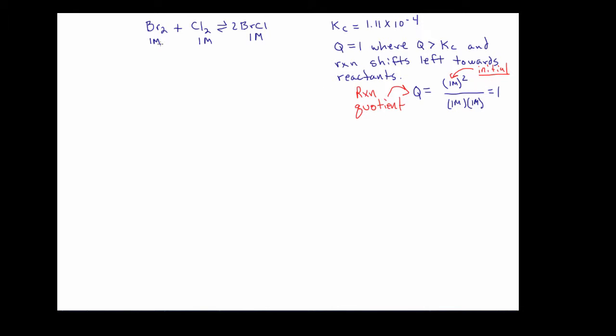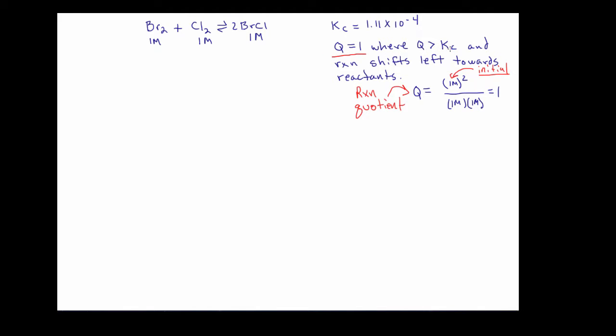So in this problem, you see that we've been given 1 molar Br2, 1 molar Cl2, and 1 molar BrCl, all of these in the reaction flask at the same time at some fixed temperature. And what we learned when we calculated the Q was that Q is equal to 1 in this case.